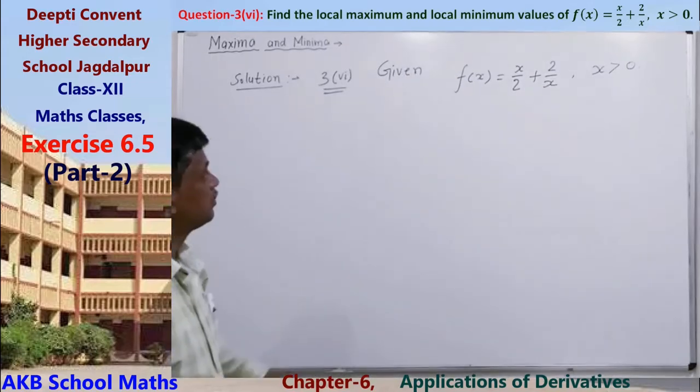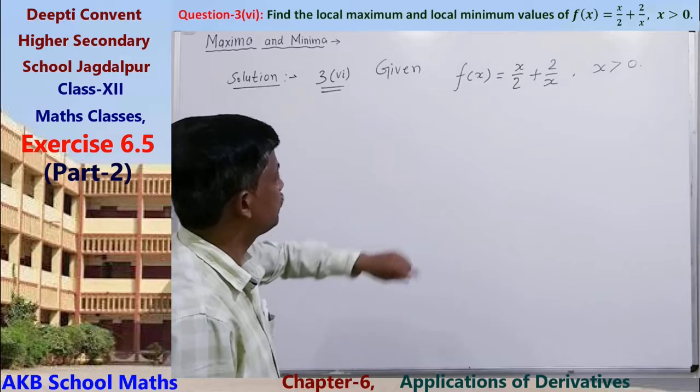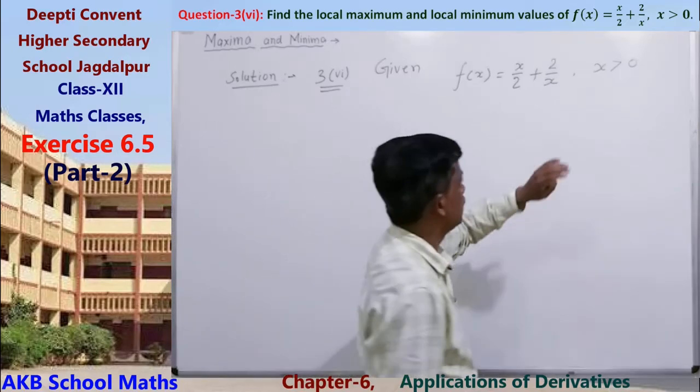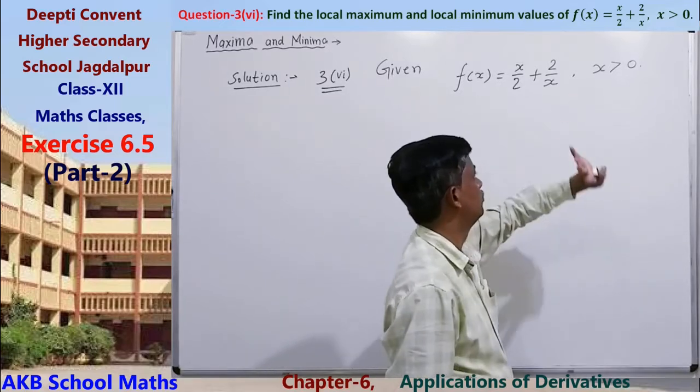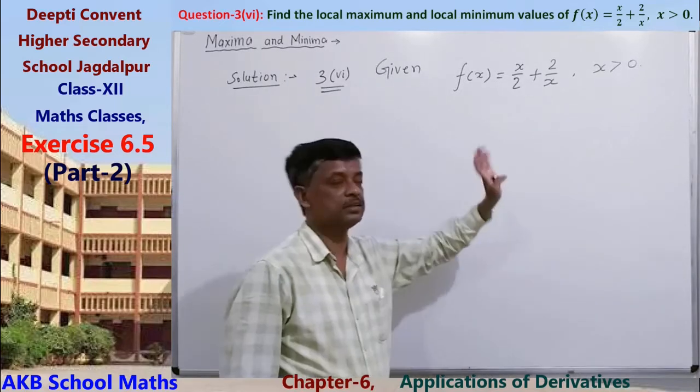We have to find the local maximum and minimum. Here x greater than 0 is the domain, that is, positive values.